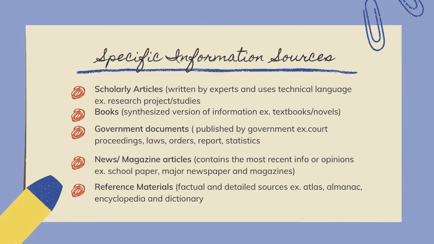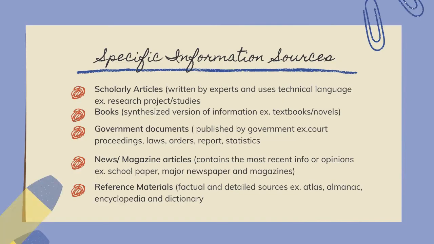Next is books. These are the synthesized version of information. Example, textbook, novel. The third one is government documents. These are published by government. Example, court proceedings, laws, orders, report, statistics.